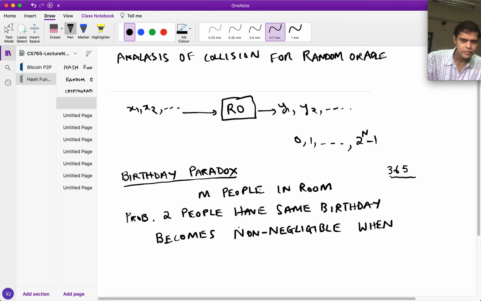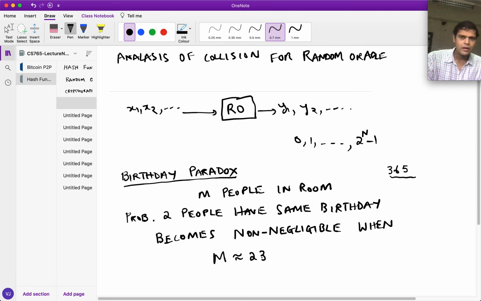When roughly m is equal to 20, I think it's 23, right? So if you have 23 or more people in the room, then with very high chance you'll have 2 people with the same birthday.